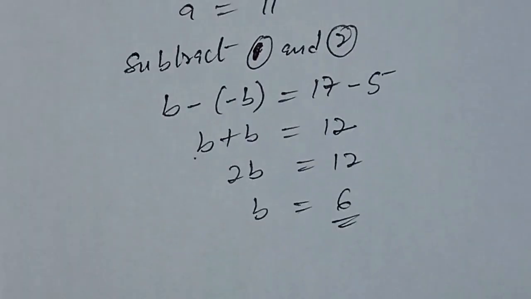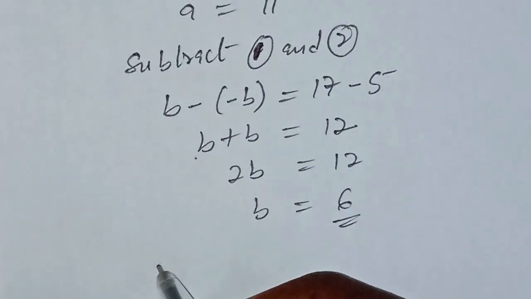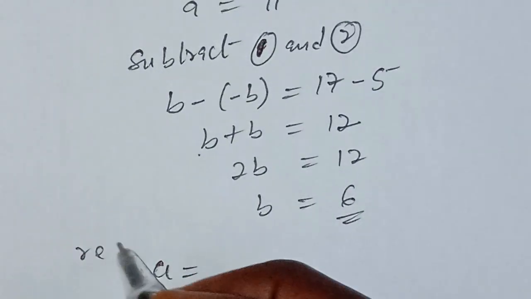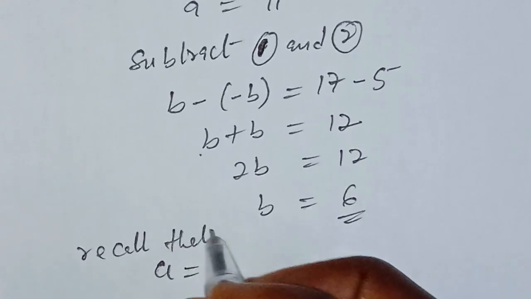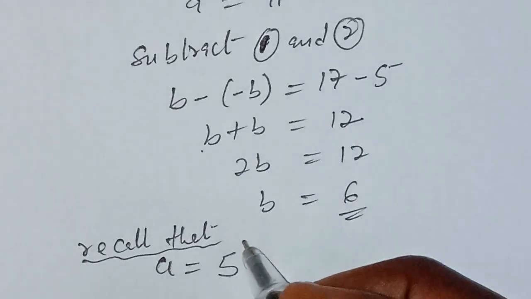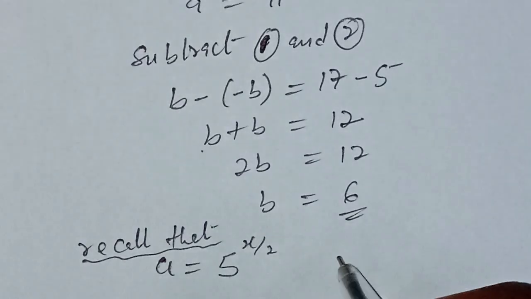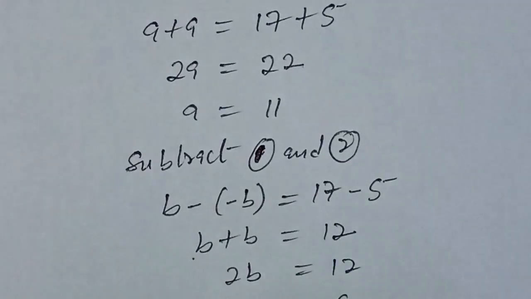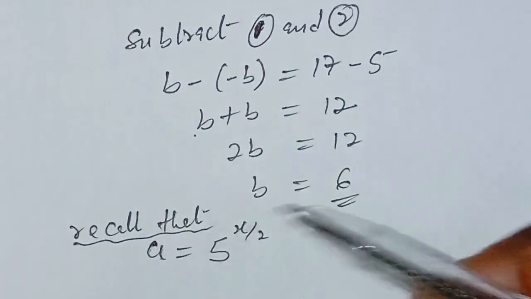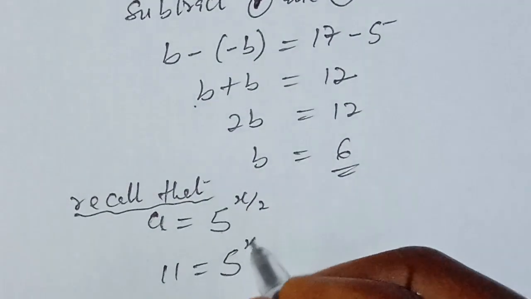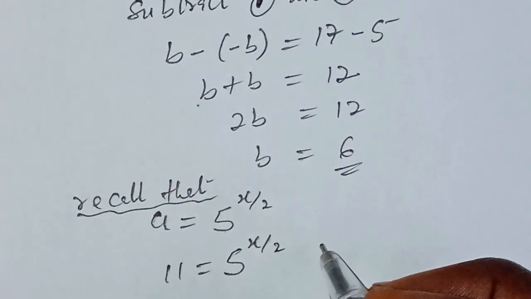So we can recall that our a is given as 5 raised to the power x over 2. So we put this value of a over here. Then we have 11 equal to 5 raised to the power x over 2.